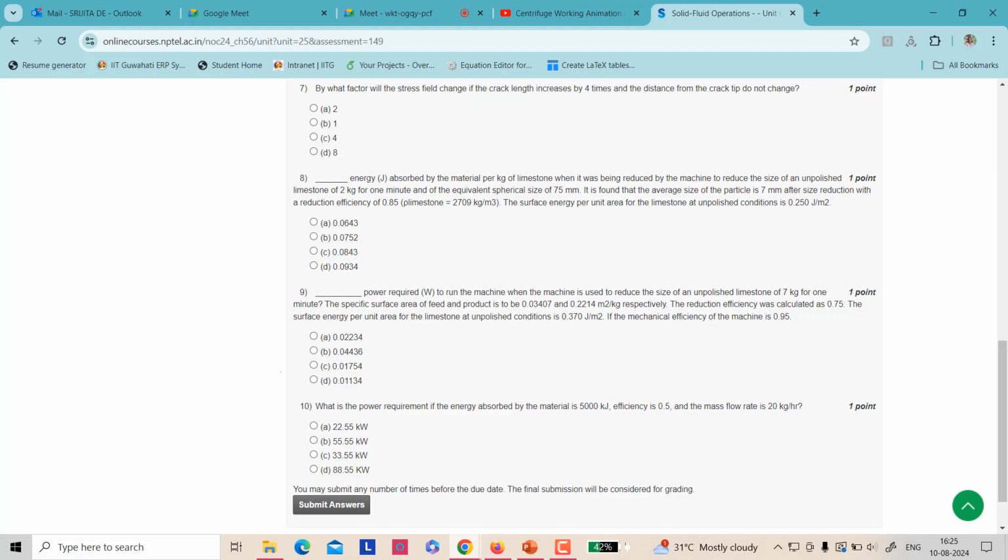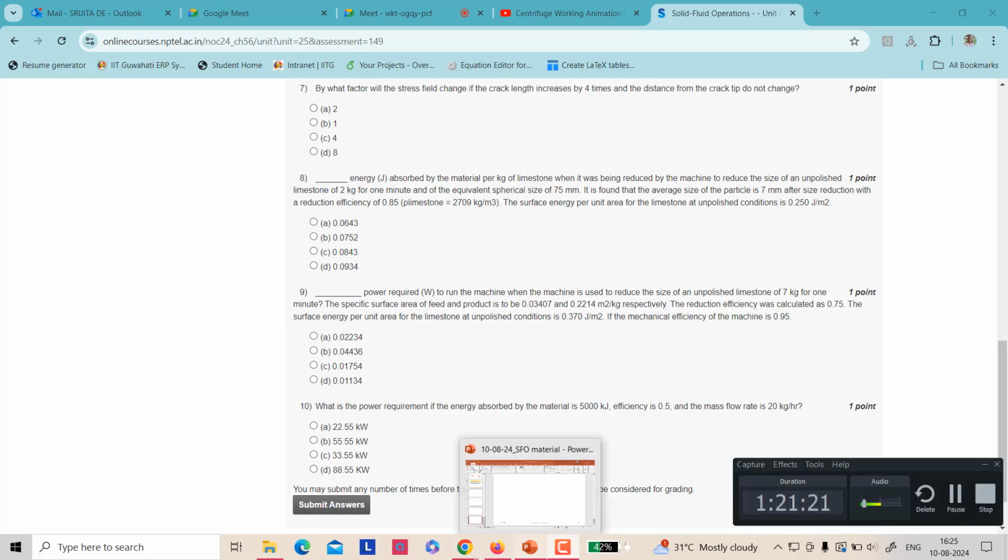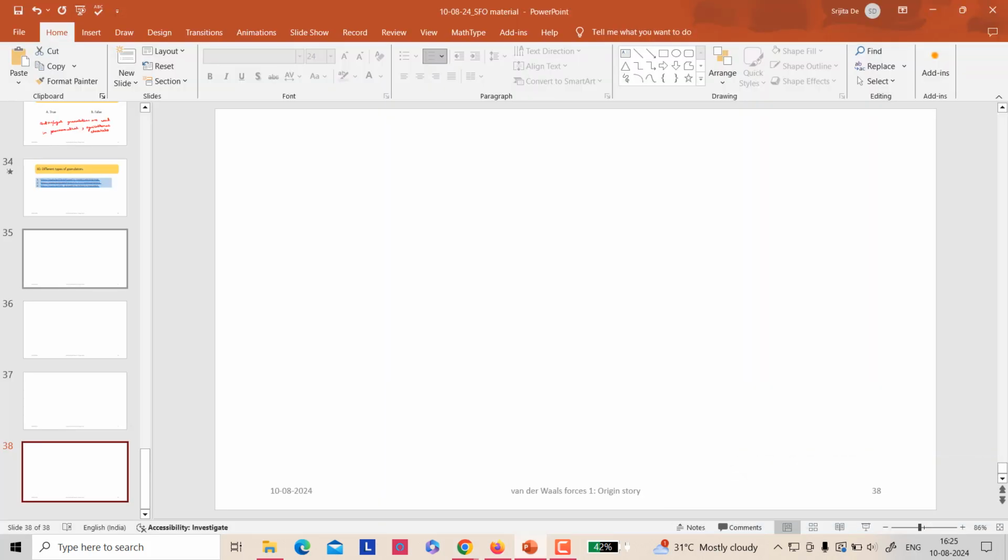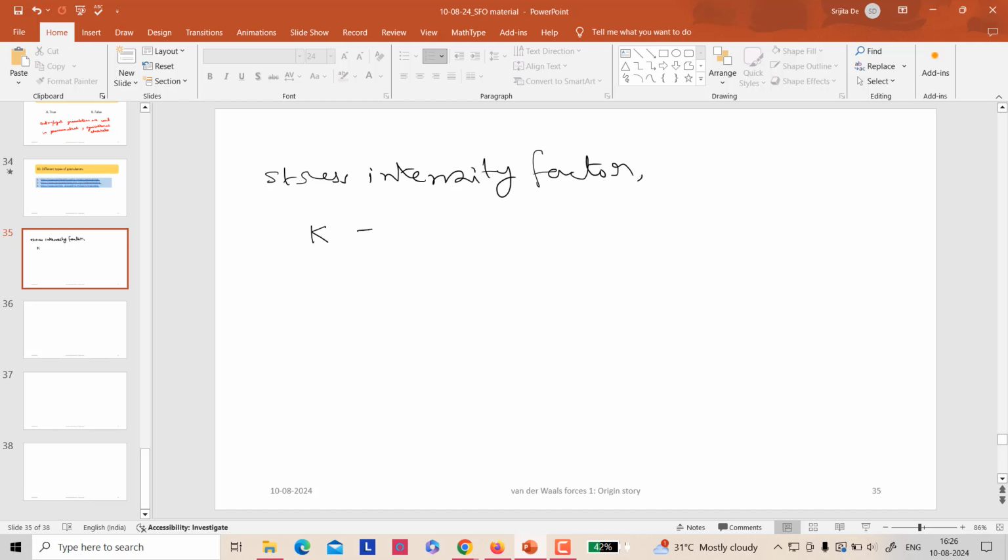So there is a formula of stress intensity factor. Stress intensity factor means, so there is a relation, stress intensity factor, which can be calculated like this.